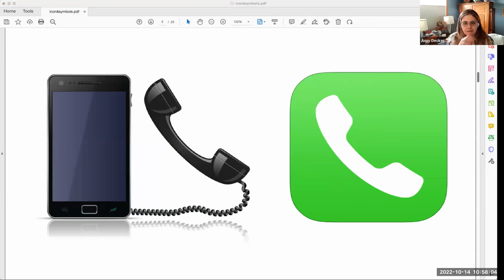The phone handle is from a rotary dial phone, which again you all probably have never used, but has come to be the symbol for phone, even though we don't use phones that look like this anymore. So it's a symbol. It's no longer an icon, because it's not something we're currently using.